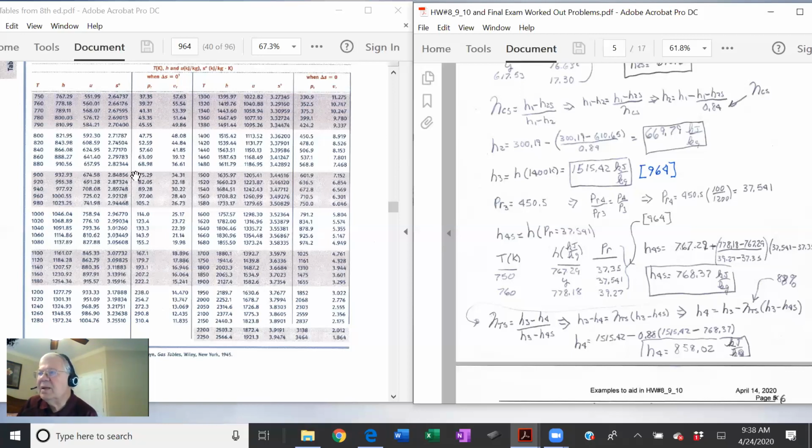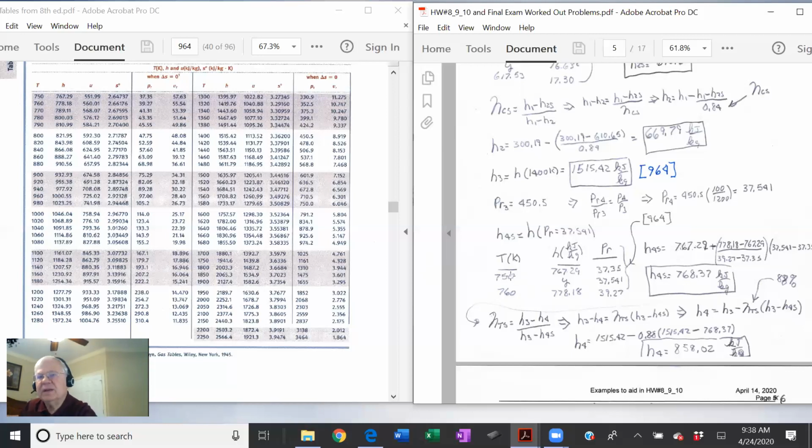And the enthalpies corresponding to that are 767.29. There we go. And 778.18. There it is. And the temperature is between 750 and 760. We don't have to have it, but it's about 751 or 2 degrees.